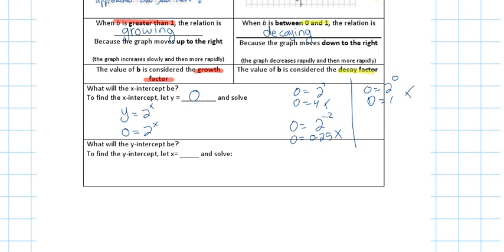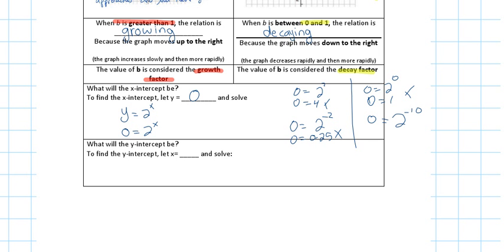Can you do that for me? What did you get? 2 to the power of negative 10. You're not putting the power.